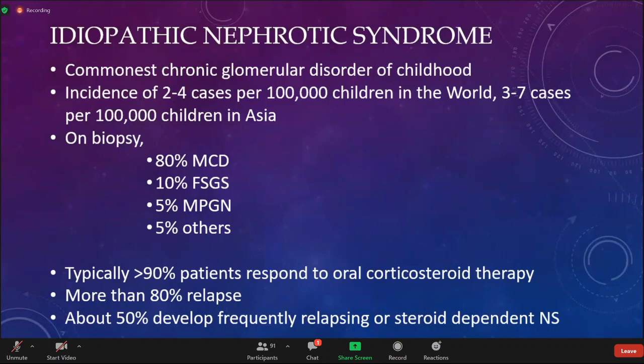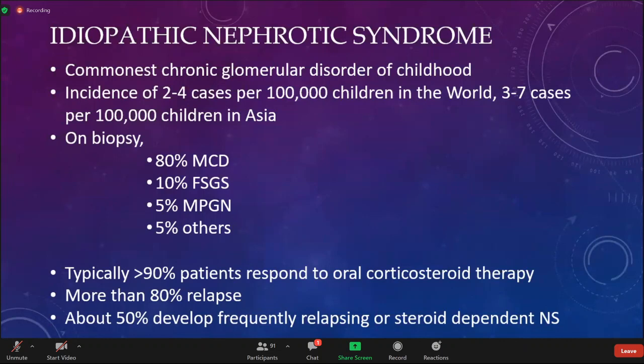Now, there are some classifications when it comes to nephrotic syndrome, right? And there are 3 classifications. The first classification is the etiological classification of nephrotic syndrome, where you divide nephrotic syndrome into primary nephrotic syndrome and secondary nephrotic syndrome.